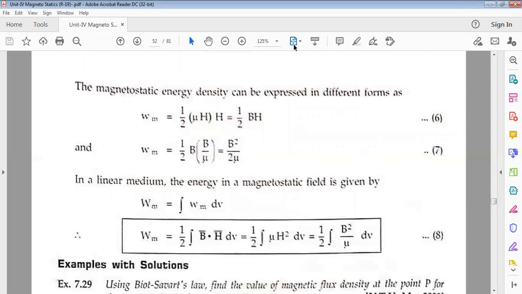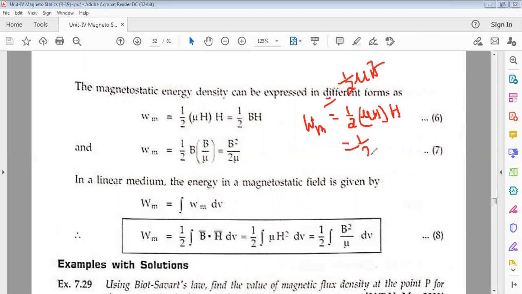So the relation for the energy stored, the magnetostatic energy density Wm, is 1 by 2 mu H square. Since mu H is B, Wm is equal to 1 by 2 into BH.